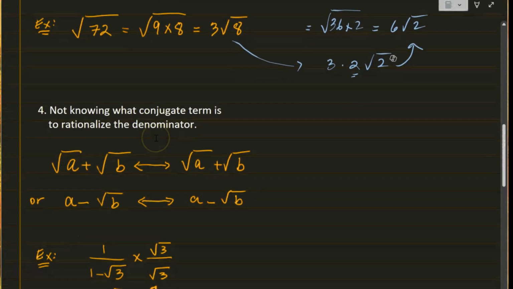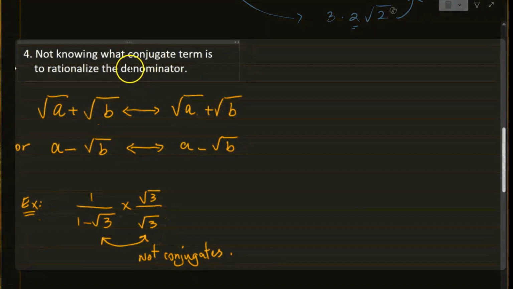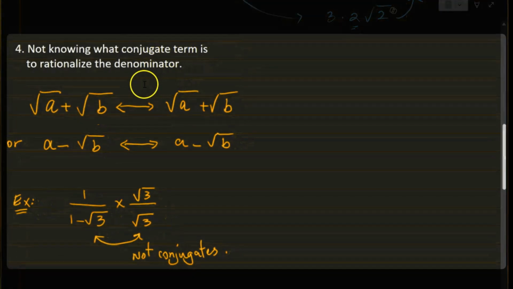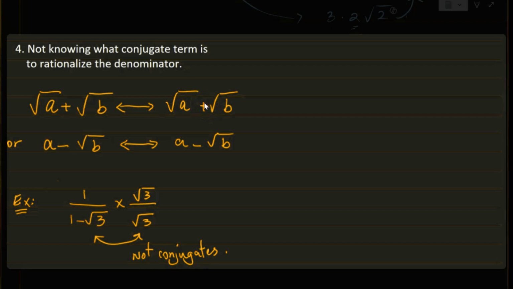All right. Now, number 4, not knowing what a conjugate term is to rationalize the denominator. This is very common. It is a little bit more complicated, but the idea of conjugate, I ask my students, there's one thing that you just have to know. The conjugate of two terms, the conjugate of A minus B, simply is A plus B. Simple.